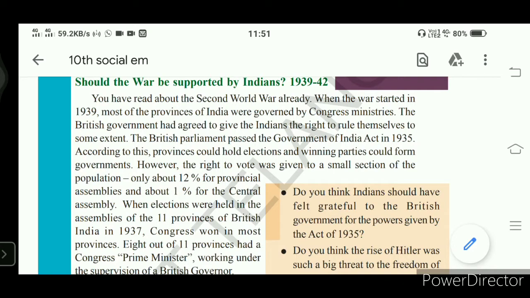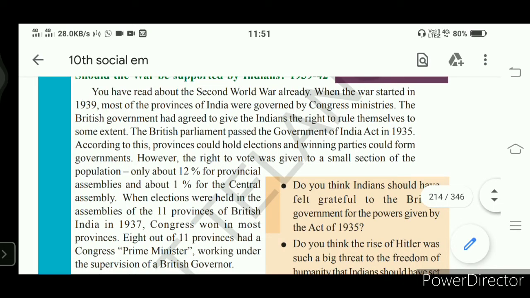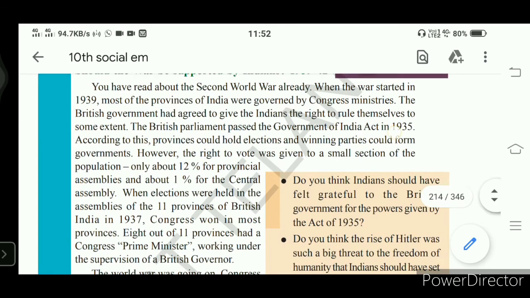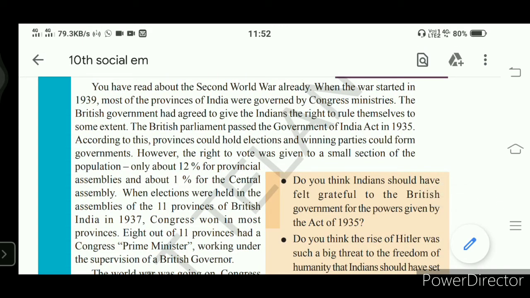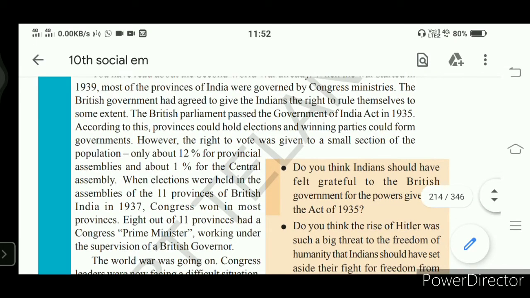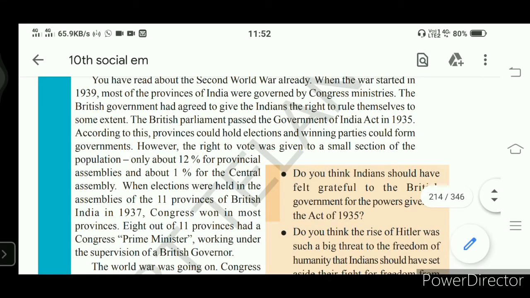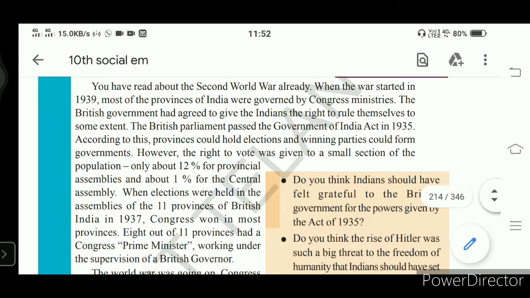The Government of India Act 1935 says that elections could be conducted for provinces. That means all the parties, including the Congress parties, allowed to contest in the elections of the provinces.